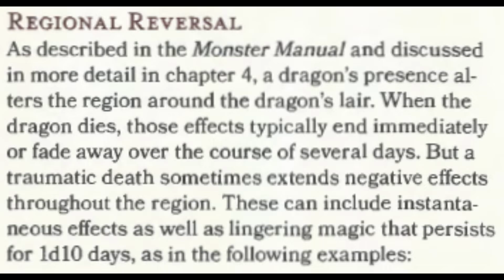So none of the ones listed in Fizban's Treasury of Dragons I thought was really applicable to him, but I made a simple one that's just called Domain Deterioration, which essentially is over the course of a week, since he has his own Domain of Delight, which also serves as kind of his lair, it would slowly deteriorate.